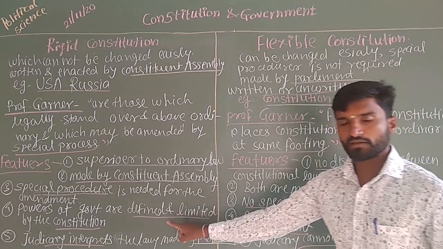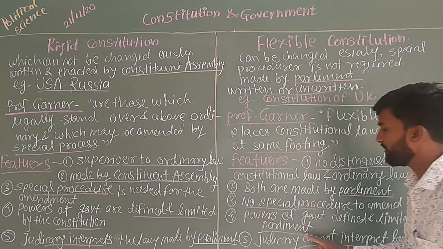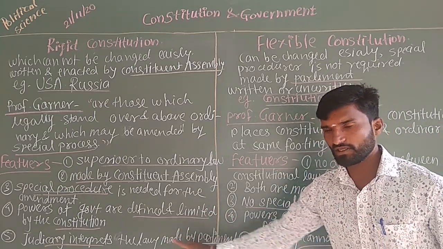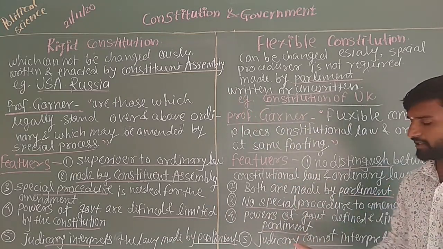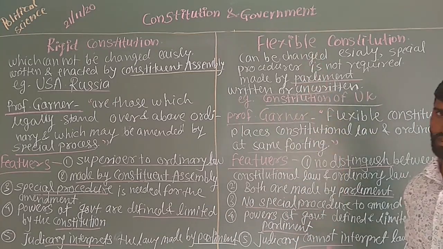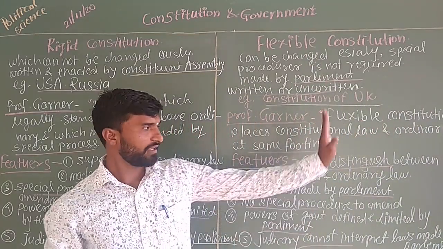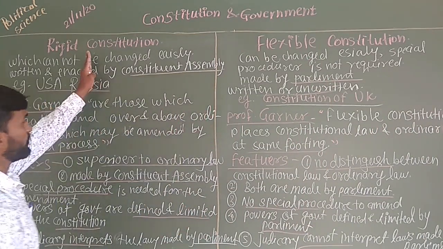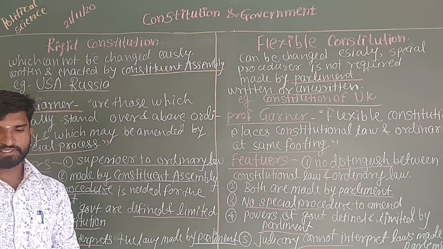Powers of government are defined and limited by the Constitution, here by Parliament. Judiciary can interpret in rigid; it cannot in flexible. So in short and very easily, by differences you can keep in mind the rigid and flexible constitution.